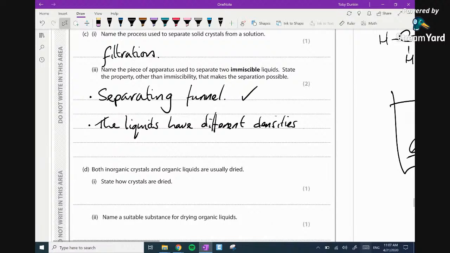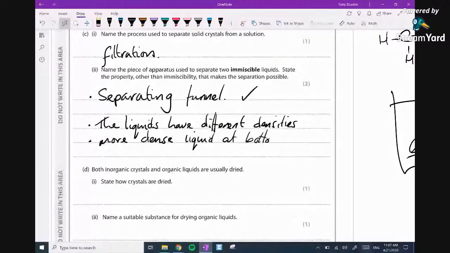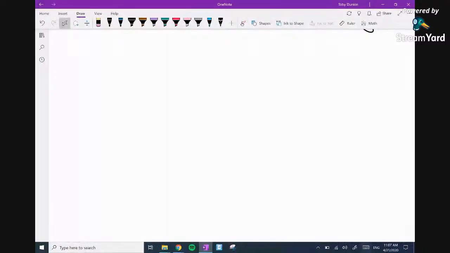The third mark would be more dense liquid at bottom. They often like to give you data for this. These are very common questions. They've asked you to draw it on many occasions.